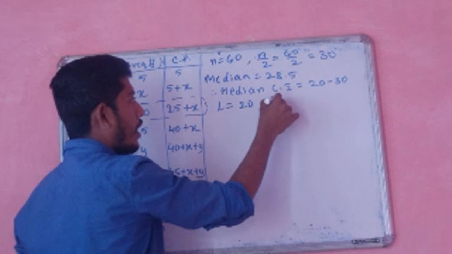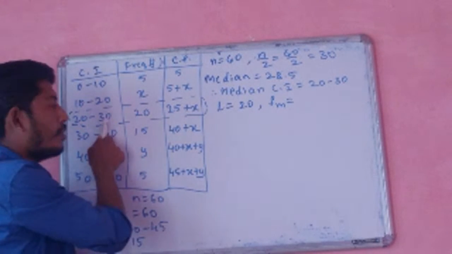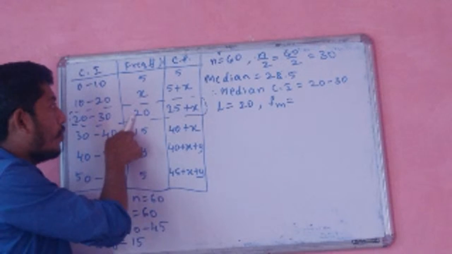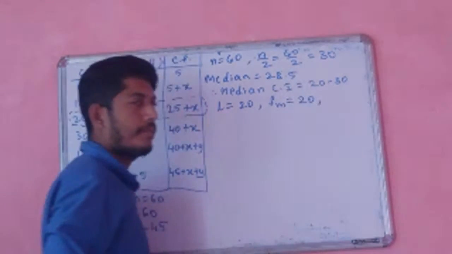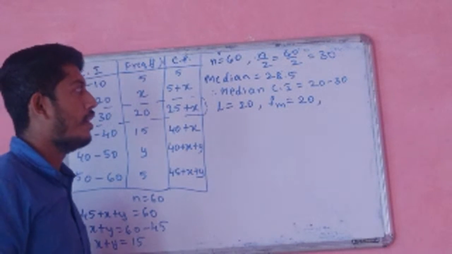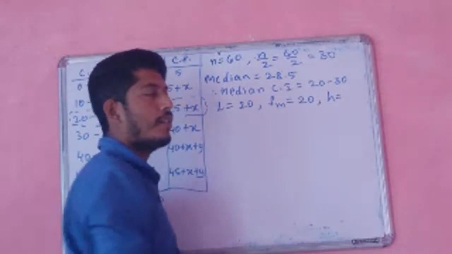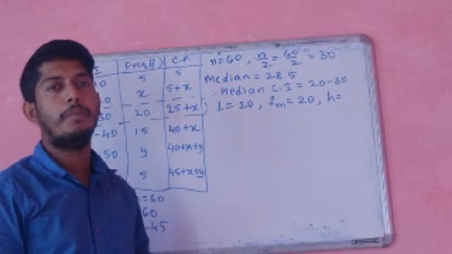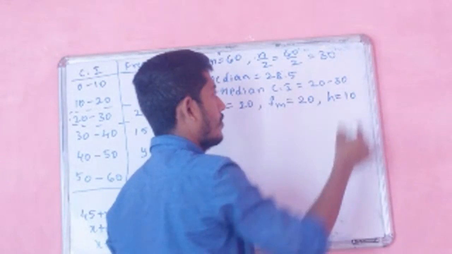Then fm, the frequency of the median class interval, is 20. Then the width of the class interval, h, is 30 minus 20, upper limit minus lower limit, which gives 10.